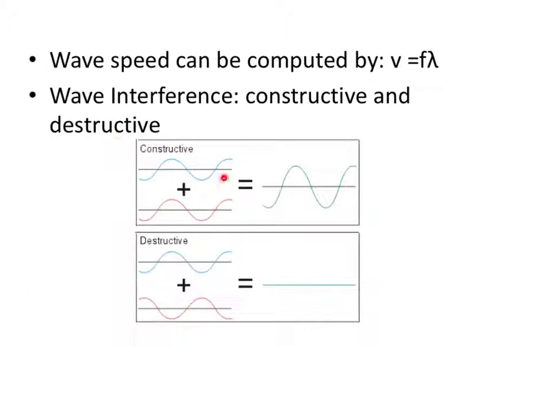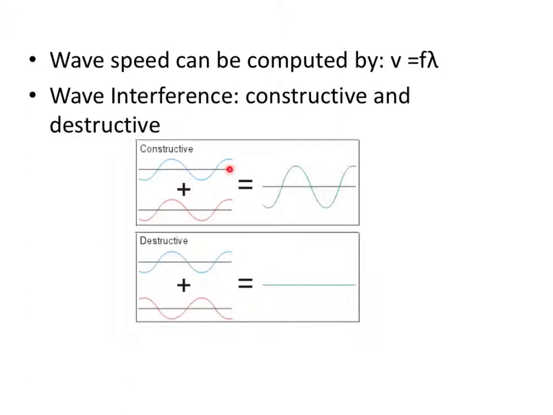If you look down here in this diagram, you can see this blue wave and the red wave. Notice that the crest of the blue wave lines up with the crest of the red wave. These two waves would be in the same medium; they're shown in separate lines for clarity.